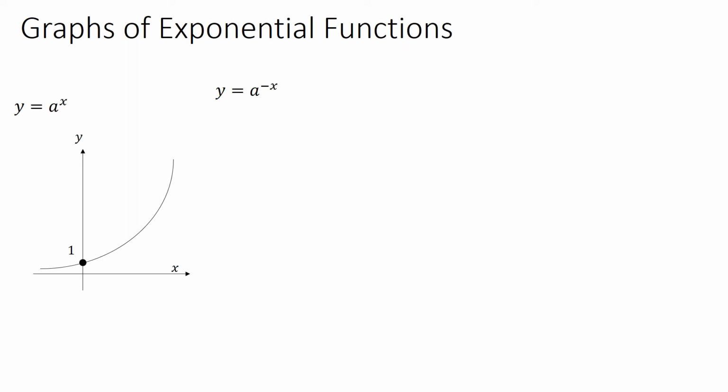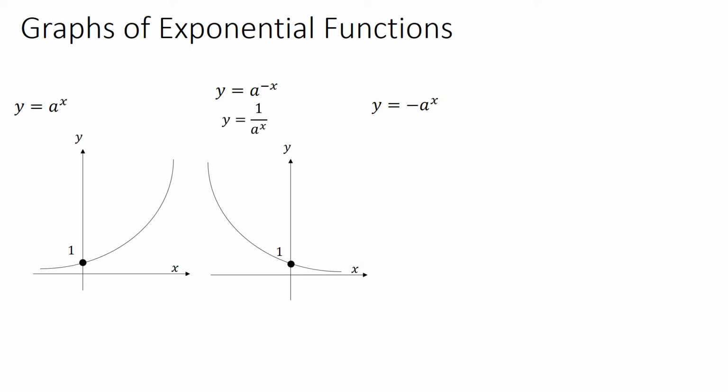If the equation is y equals a to the power of negative x, then it can also be written as y equals 1 over a to the power of x. And the graph will look like this. Actually, it is a reflection of the first graph along the y-axis, where it also cuts the y-axis at 1.